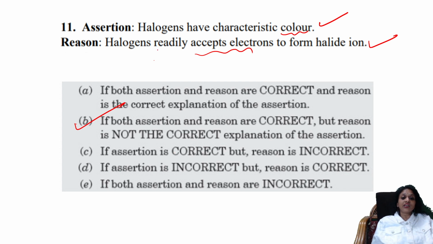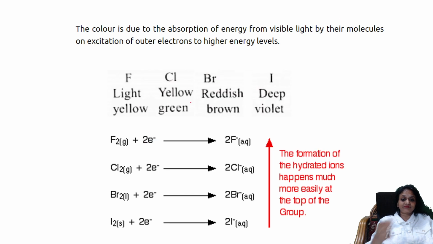Let's see. Halogens are colored, because they absorb energy from visible light. Because of the excitation of outer electrons and absorption of light, they have different colors. The assertion is perfectly right: fluorine, chlorine, bromine, iodine each have a color.